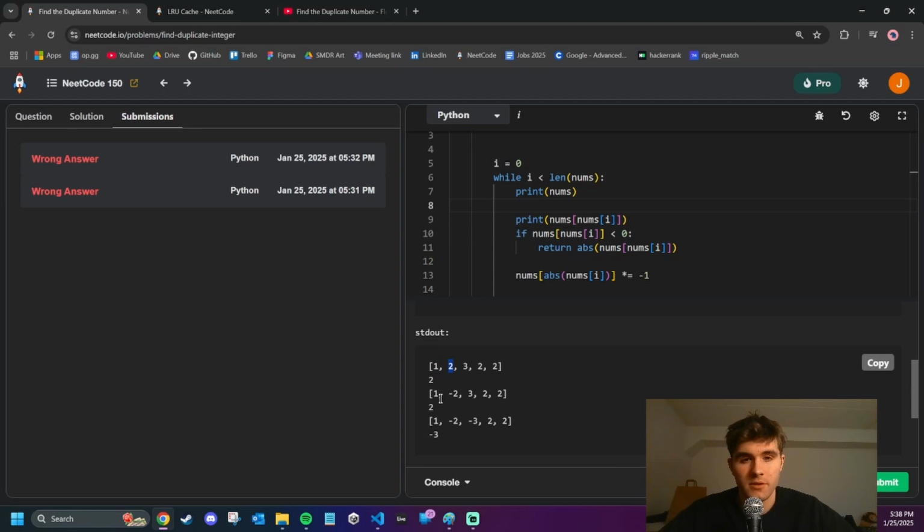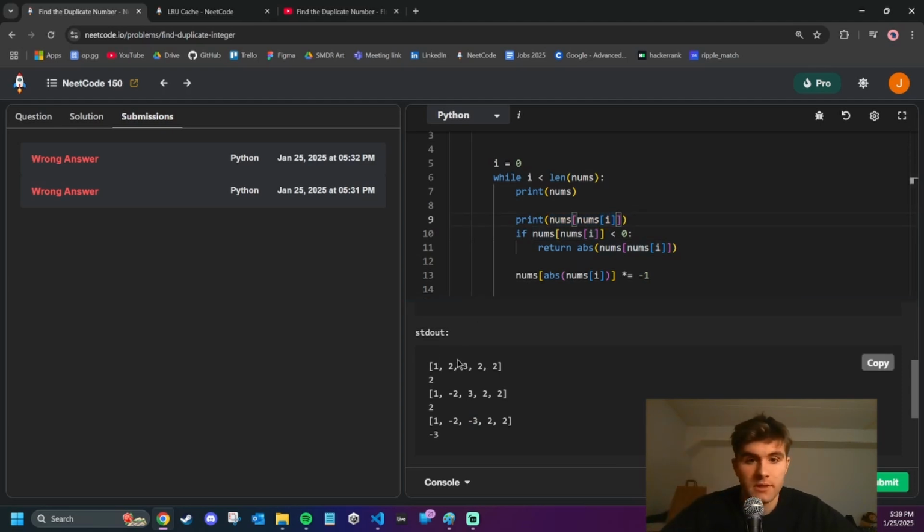But this part, so when I is 1, oh, is it because of that, the absolute value? So we want to search whatever. Yeah, okay. Is it because it's 1, 2, 3, which is negative? So I think it's an absolute value thing. Something here has to be absolute value.